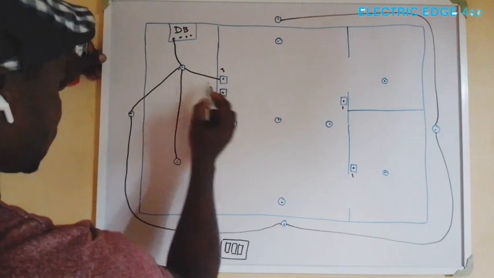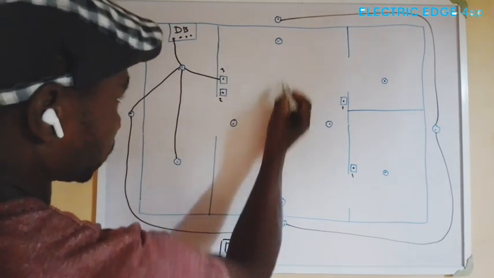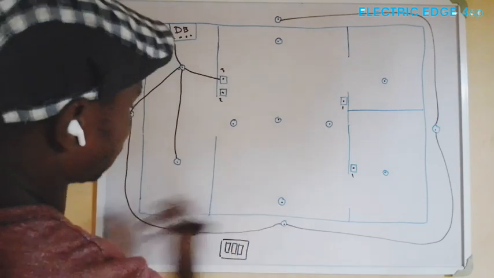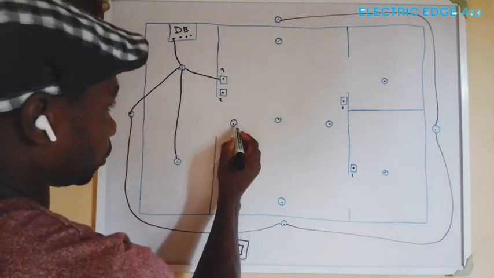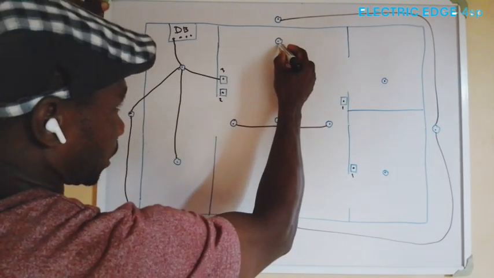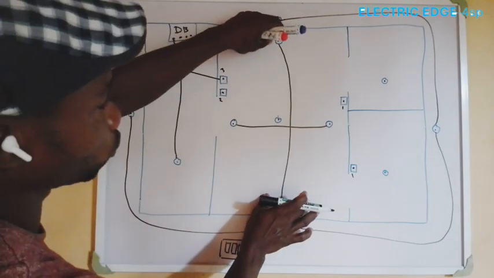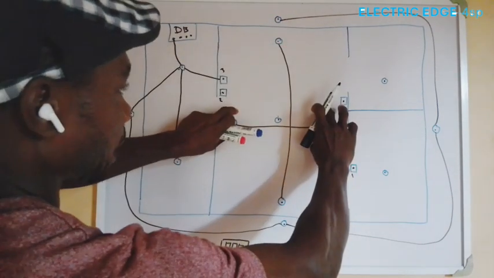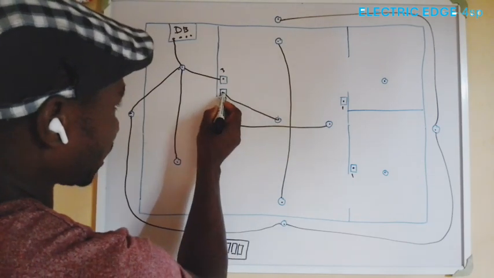For instance, we have our boxes 1, 2, 3, 4, 5, and here we have 4 lighting points. So at this point, let's assume this is connected to this, and this is connected to this. Assuming we're going to light these two together and these two together, that is 2 gangs. Now from this center, we located our switch.